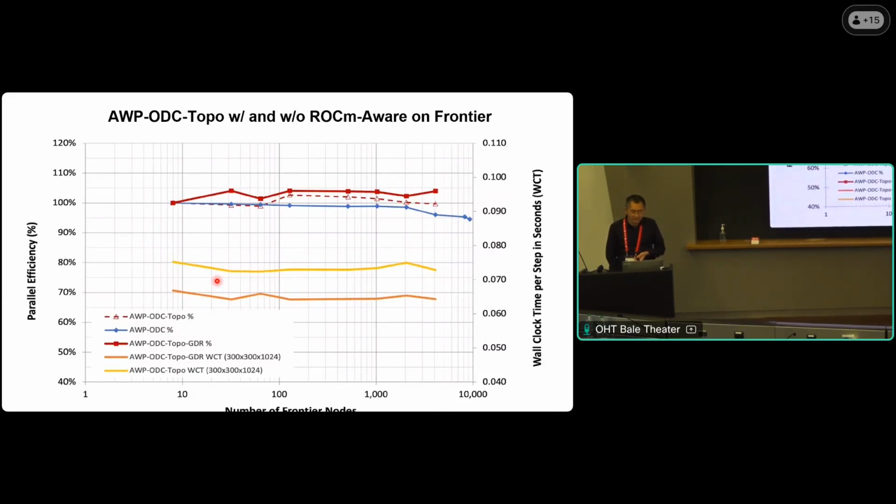Particularly with the GDR feature at the 4,000 node level, you see the performance is even better. Roughly, we get like 13 to 14% additional performance gain using the GPU-aware feature.